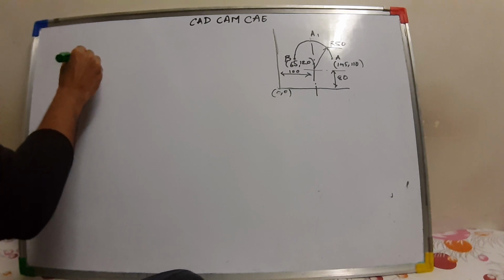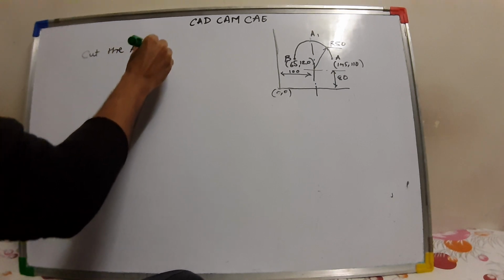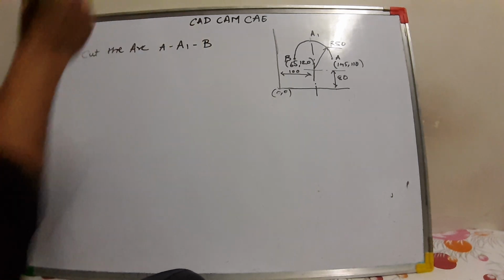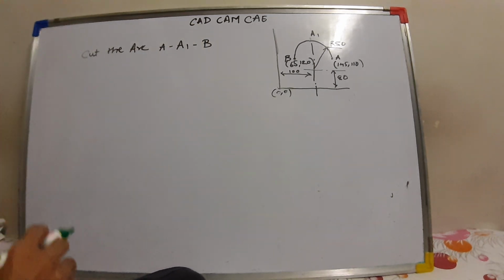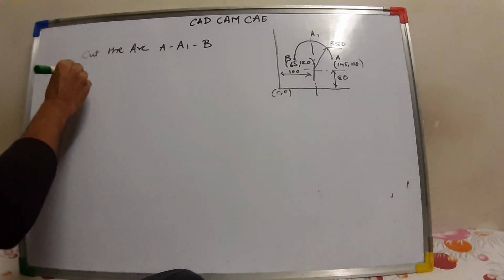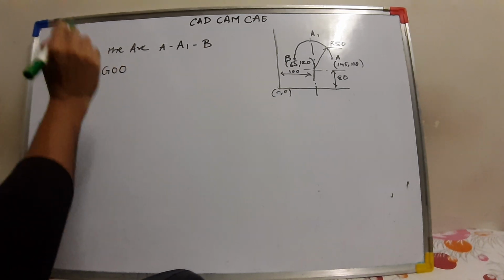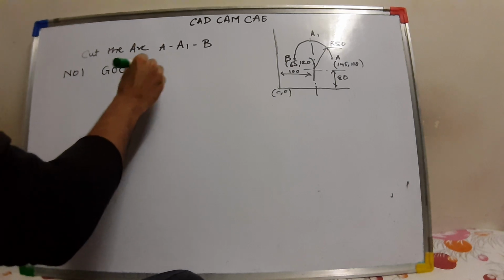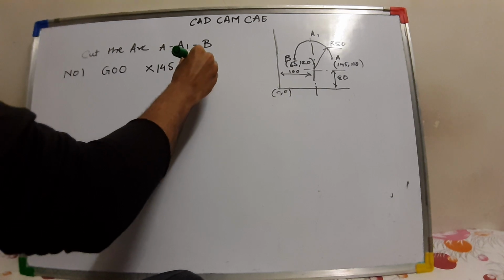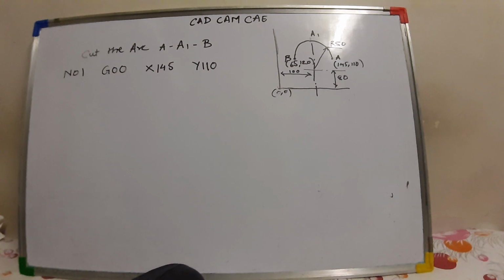We are supposed to cut the arc A dash B. While starting, you have to start with N01, G00, so G00 X145 and Y110.